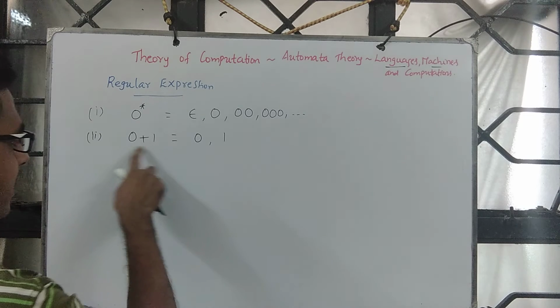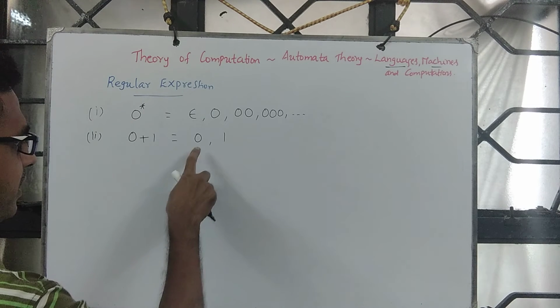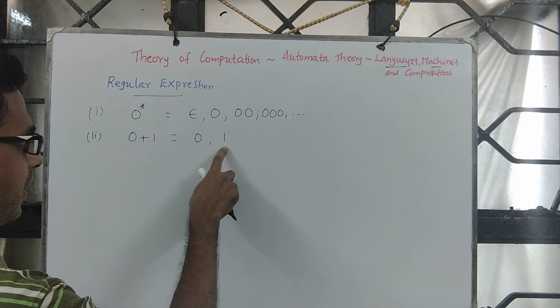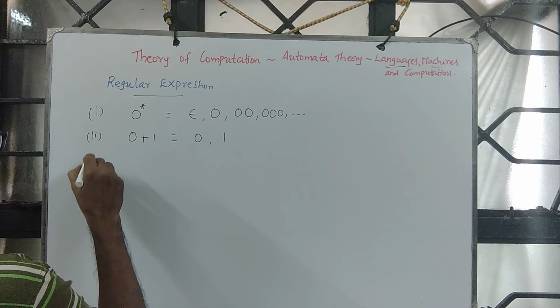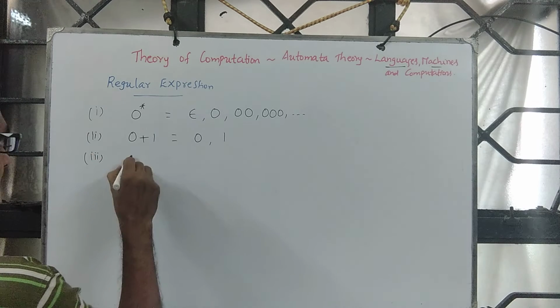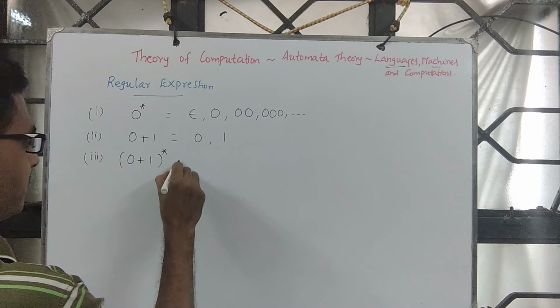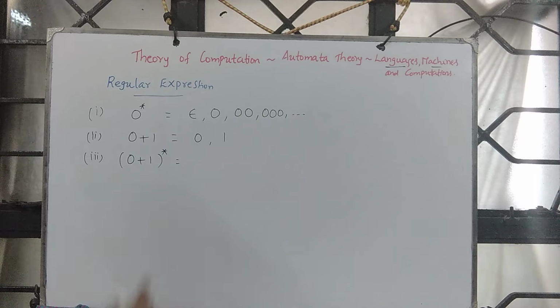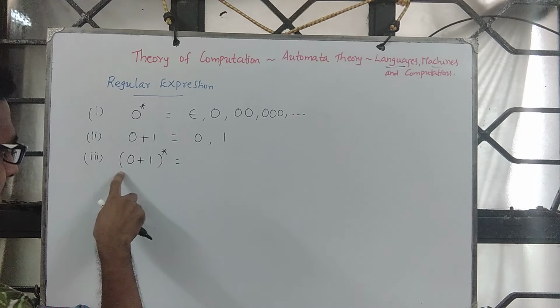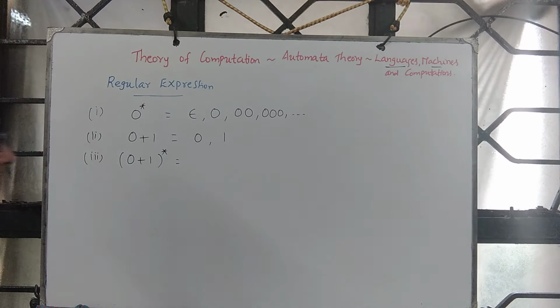So if you look at the language, then it will either accept 0 or it will accept 1. Now if you say 0 plus 1 star, which means 0 or more copies of 0 plus 1.